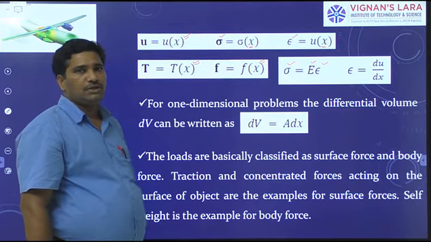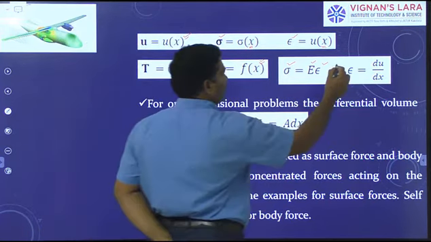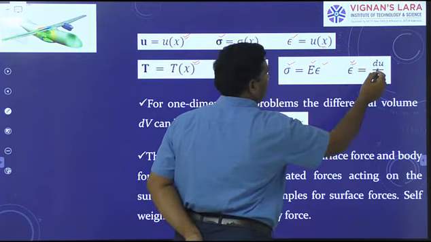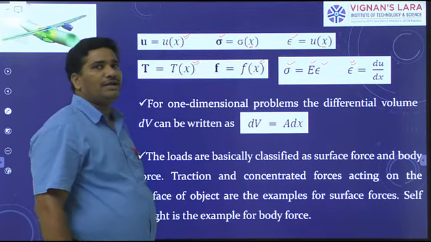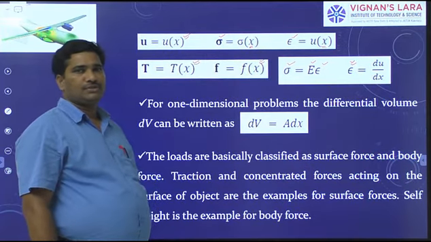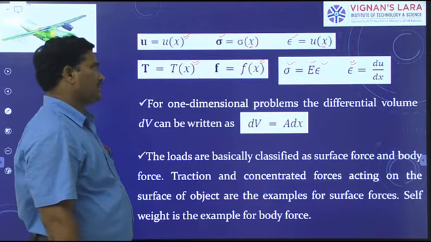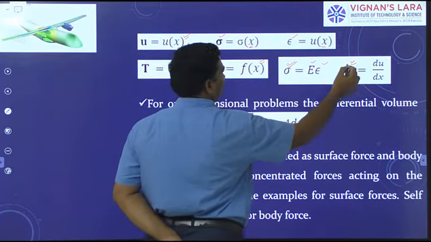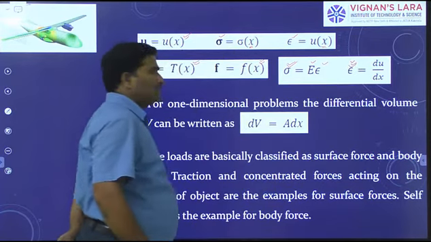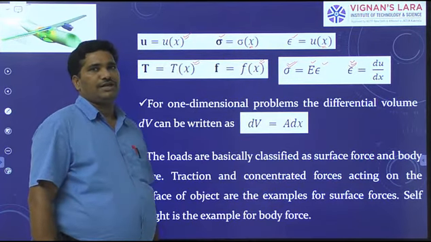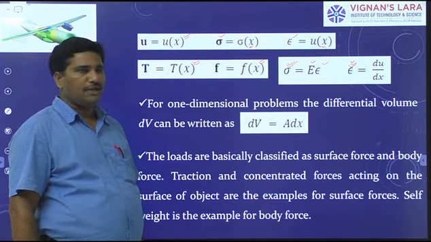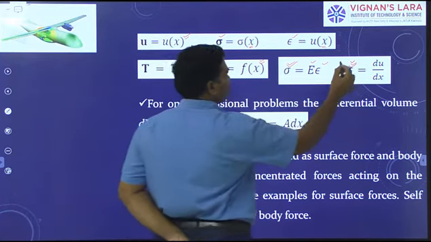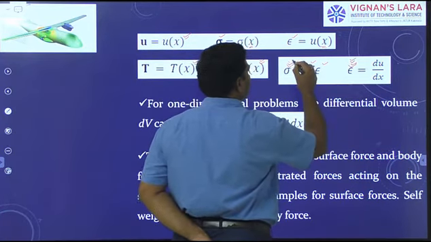Therefore, the strain epsilon we can define as du by dx. What is sigma? It is the normal stress. What is epsilon? It is the normal strain. Okay. So once you know the strain epsilon, you can determine the stress.